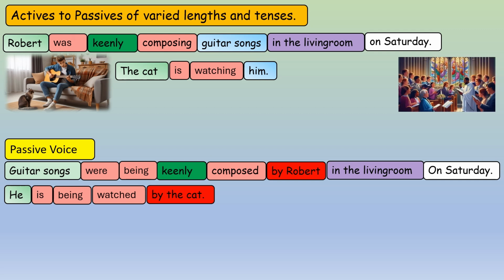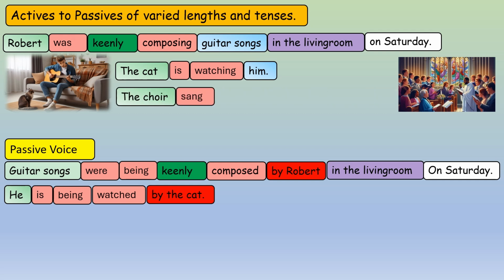And by the cat now, by is our preposition and the cat is our agent in the sentence. It's not the subject of the sentence anymore. The subject was replaced when we used the object of the active sentence, which has now become the subject of the passive sentence.